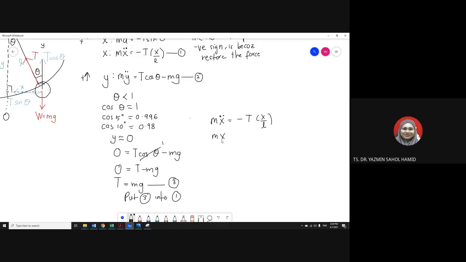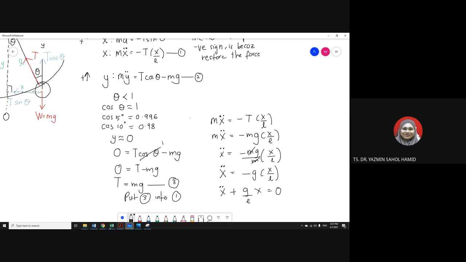So if I replace T dengan mg, so dia akan jadi negative mg x over L. And then kalau I simplify lagi, I bawa M ke sebelah, dia akan potong M. You akan tinggal dengan X double dot equals to negative G X over L. And then kalau kita simplify lagi, kita bawa ke sebelah bagi dia nampak cantik, dia akan jadi, let's say, G over L, X equals to 0.